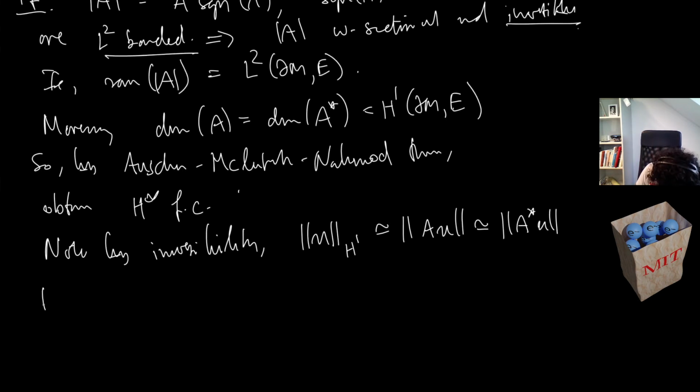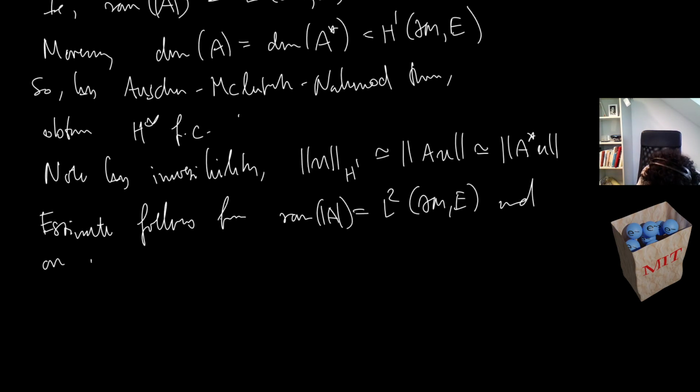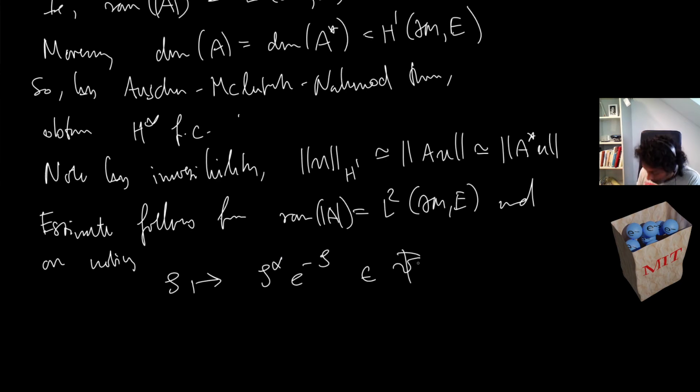Now the estimate follows from the range of A being equal to L2, and on noting that zeta maps to zeta to the alpha e to the minus zeta is a psi-class function whenever mu is greater than omega.